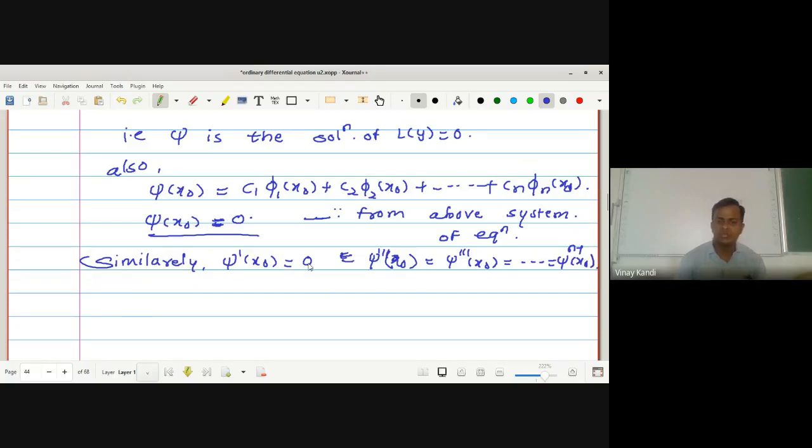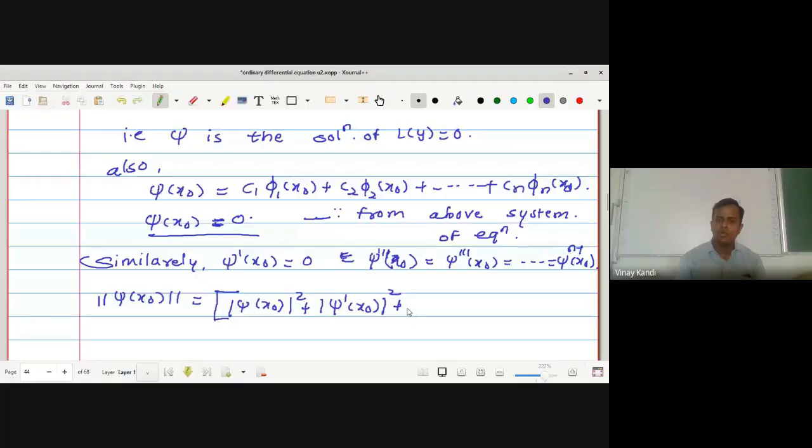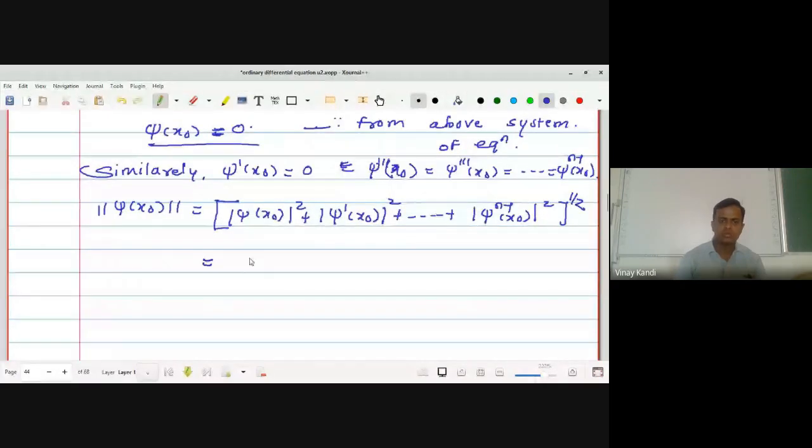The value of all of these comes out to be 0. Hence we have the norm of psi of x naught, whose bracket square up to mod of psi raised to n minus 1 of x naught bracket square, whole bracket raised to 1 by 2, which is equal to 0 plus 0 plus up to 0.